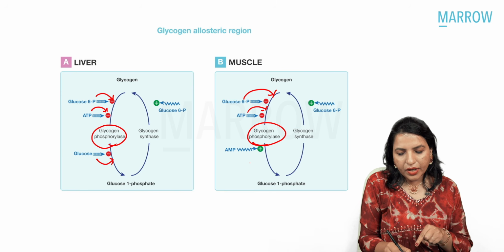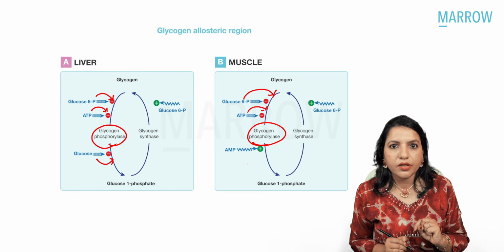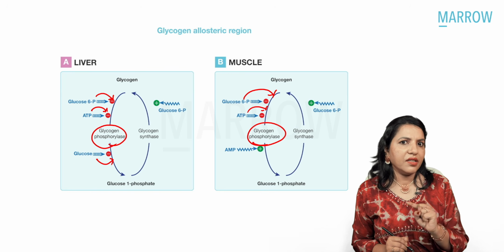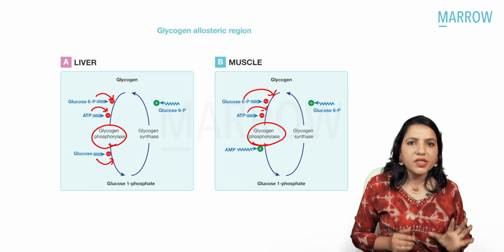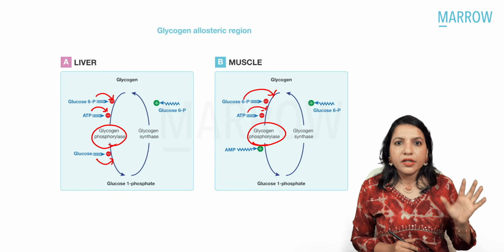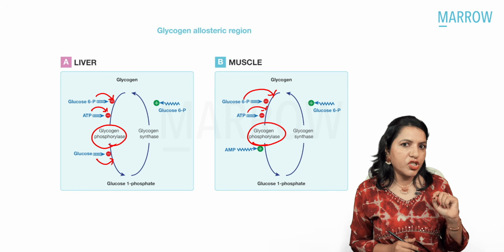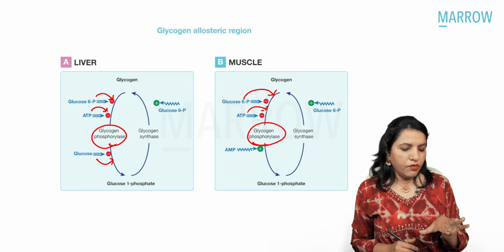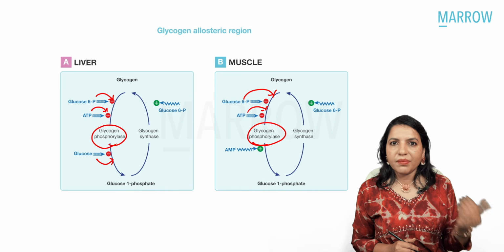In the muscle we cannot find glucose. Why? Because glucose is not a product of glycogenolysis in the muscle. So from this diagram we understand that glucose 6-phosphate is an inactivator of glycogen phosphorylase by allosteric mechanism.